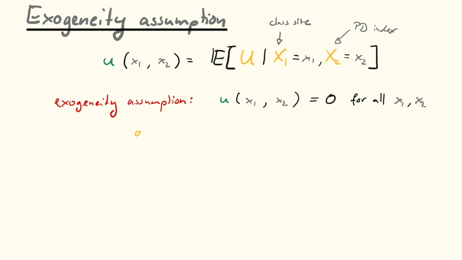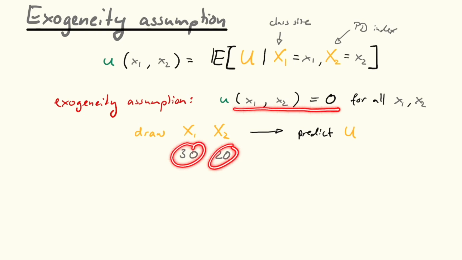Let's draw x1 and x2, and based on the observed x1 and x2, we predict u. For example, suppose that we draw 30 and 20. What u do we predict? Well, if the exogeneity assumption holds, then we can plug in these numbers here and get the best prediction on the right hand side, and it's 0.